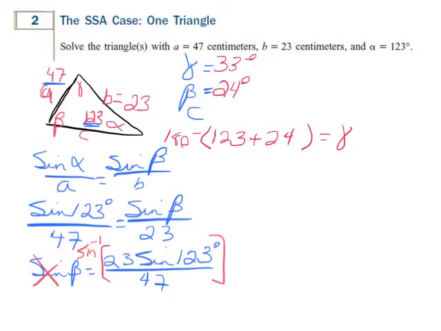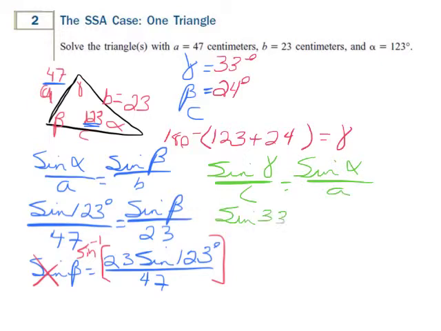So let's see, let me change my colors. All right, so I want to find C, so I'm going to do the sine of gamma over C is equal to, and I might as well just stick to alpha over A. So I've got the sine of 33 degrees over C is equal to the sine of 123 over 47.